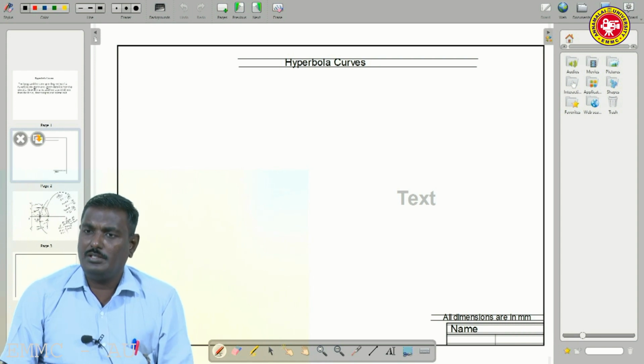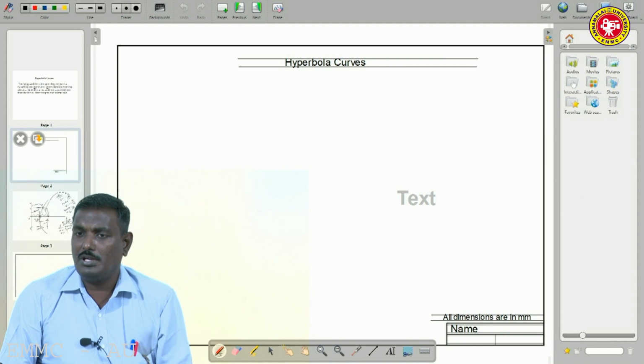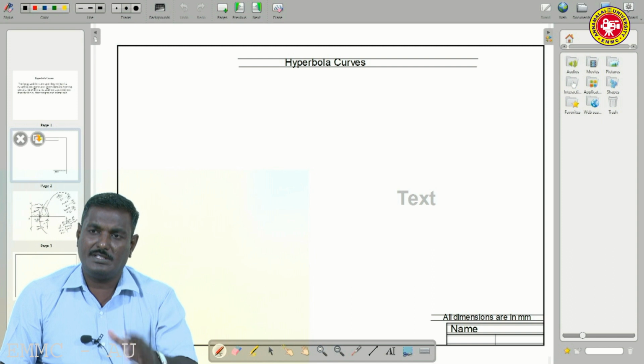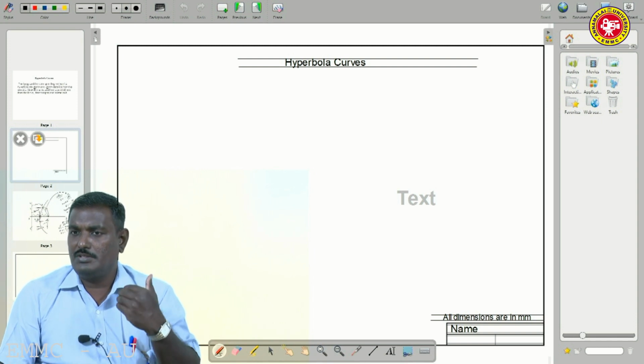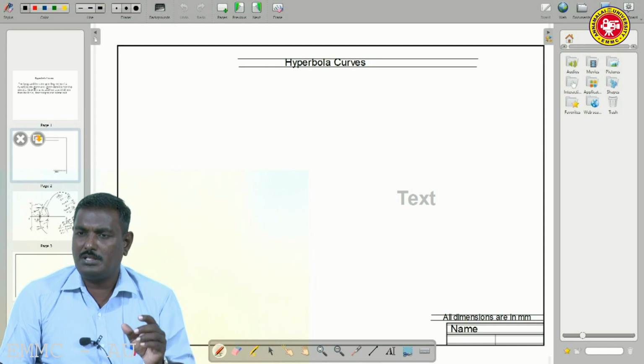Above that you have to do a guideline for detailing dimensions, whether it is millimeter, centimeter or meter. We are not using meter; we are using only millimeter in this drawing sheet.